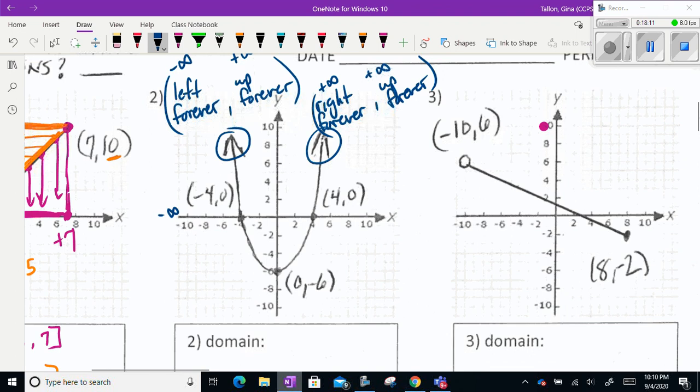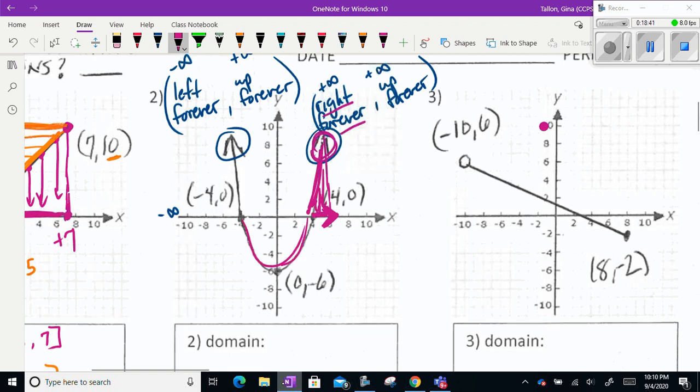Okay, so domain. Let's get into this domain idea. Change my pen to purple. I think this arrow here, if I were to drop it down, would be right here, and it has an arrow on it, which means right forever. You see that right here? Right forever would be this arrow that I'm making bold here. This section of the graph right here, all these points would drop down and they would fill this in.